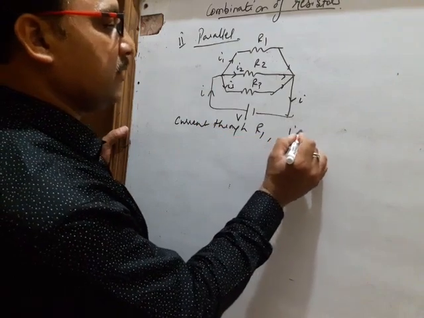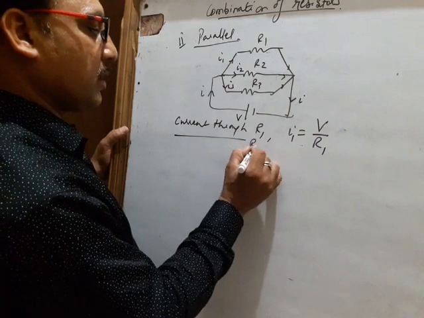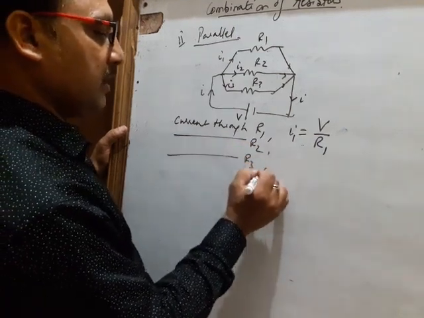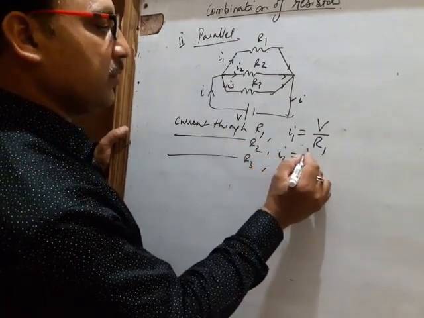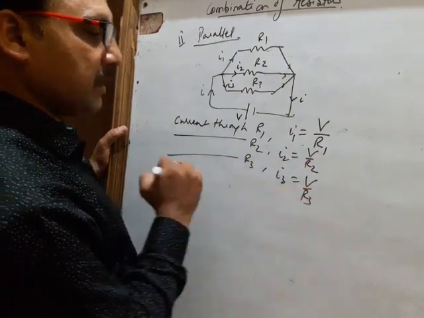I1 equal to V upon R1. Similarly for R2, I2 equal to V upon R2, and I3 equal to V upon R3.